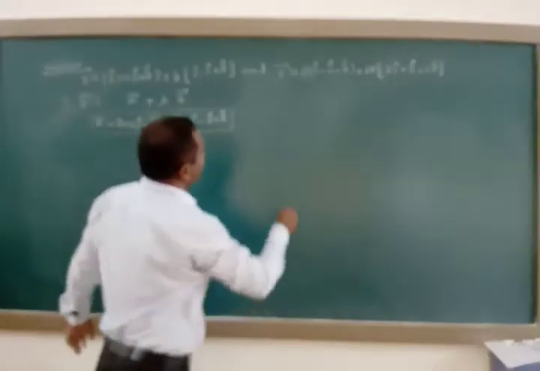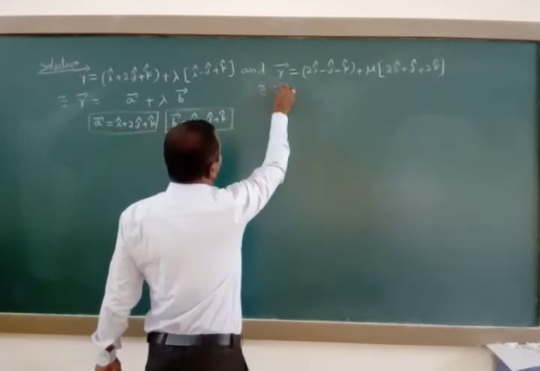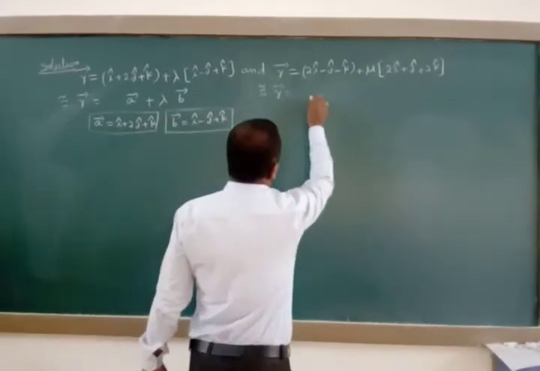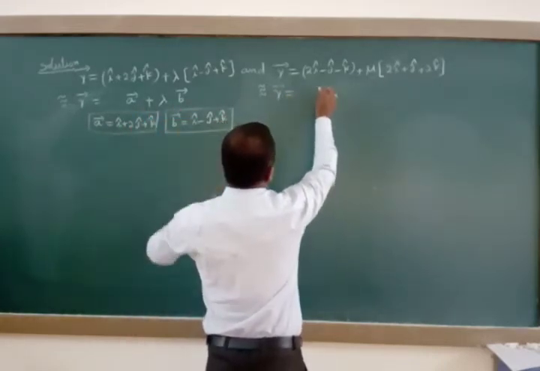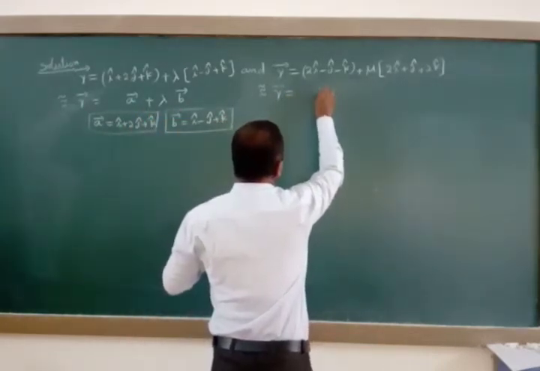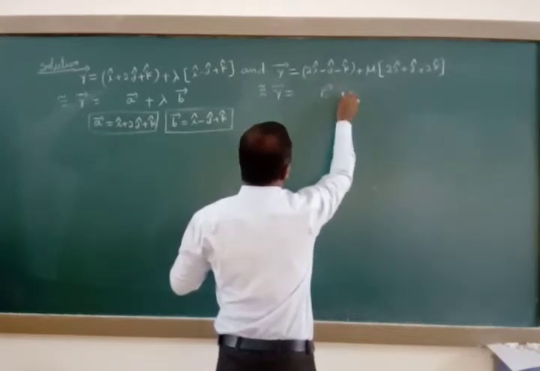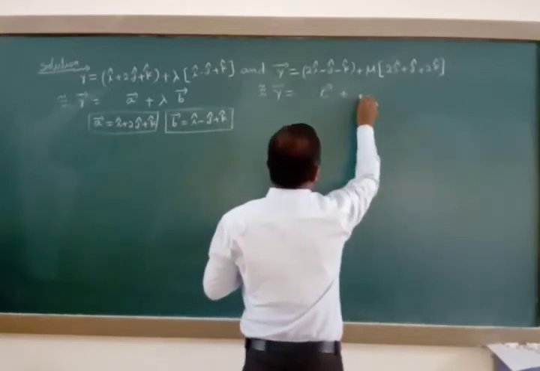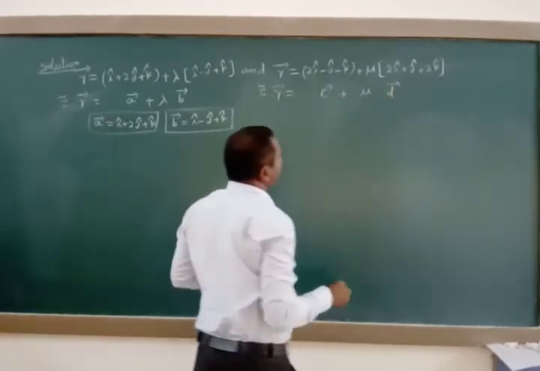Here also, comparing with the standard form, r vector equals c vector plus mu into d vector.